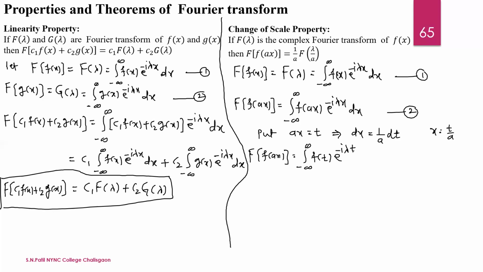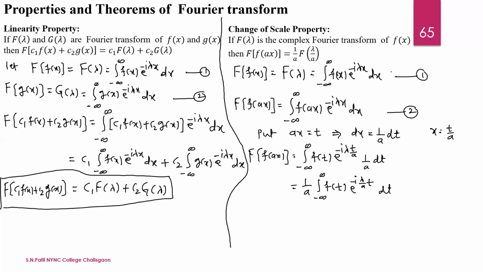So here t upon a, and the value of dx is 1 upon a dt. Here 1 upon a is a constant term. So 1 upon a, integral from minus infinity to plus infinity of f of t e to the power minus i lambda upon a into t dt.